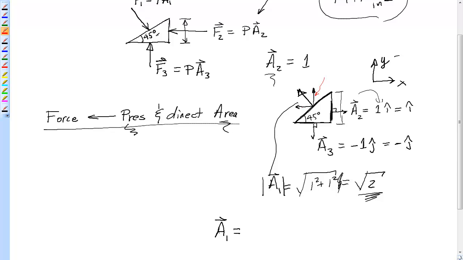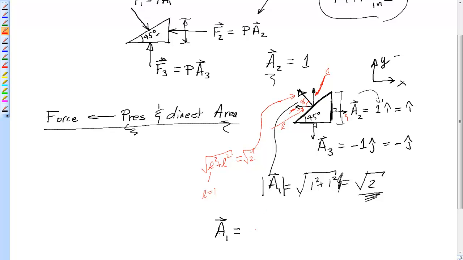If I say this is a vector of length L, and this is 45 degrees as well, then this has to be a vector of length L. So the square root of L squared plus L squared has to be the length of that vector. But that vector was square root of 2, so L is equal to 1 on both of these. So this vector's length is the same as the length of the vector over here.